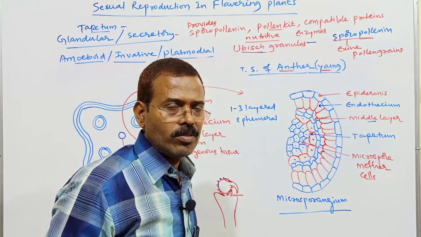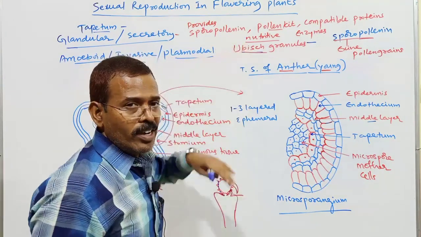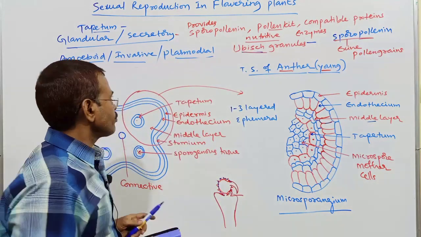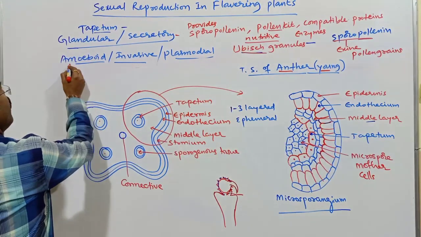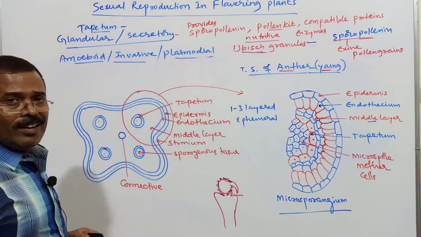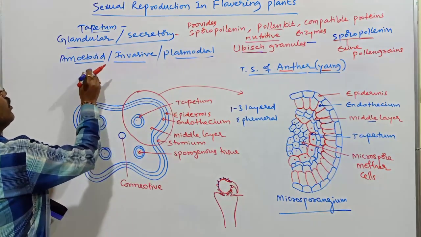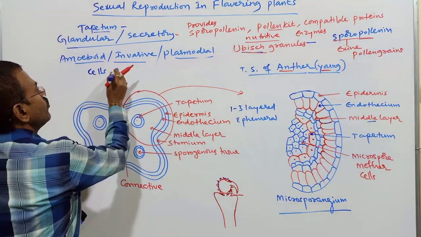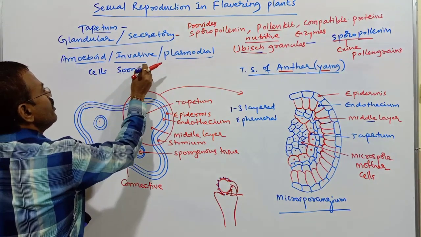So that is how the secretory tapetum plays a very important role. Remember this. Then you have amoeboid or invasive or plasmodial tapetum. These cells soon degenerate.